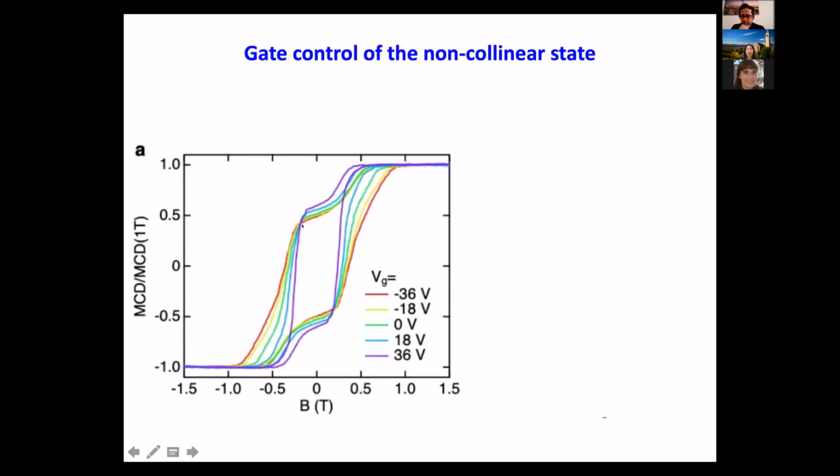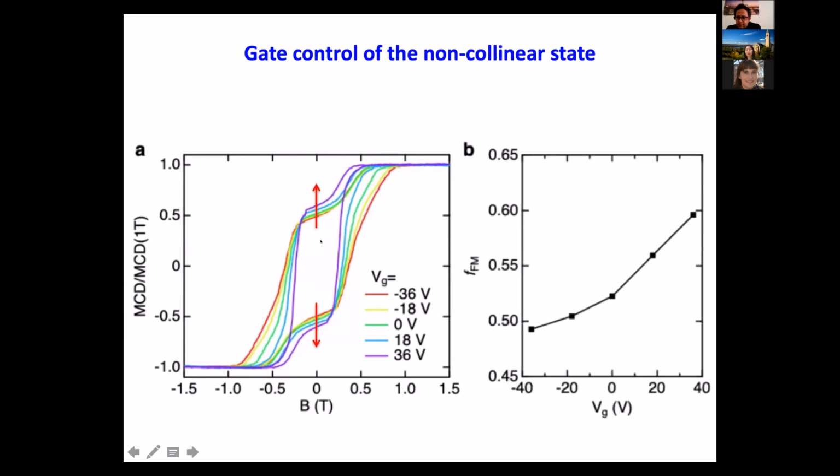We add electrostatic doping to the bilayer, and that will weaken the interlayer interaction if you electron dope it. And then you can see that when you change the gate voltage, the remnant magnetization becomes bigger. And if you look at the fraction, if you dope more and more electrons, it is possible, though we haven't demonstrated it yet, to induce a non-collinear state to ferromagnetic state quantum phase transition.